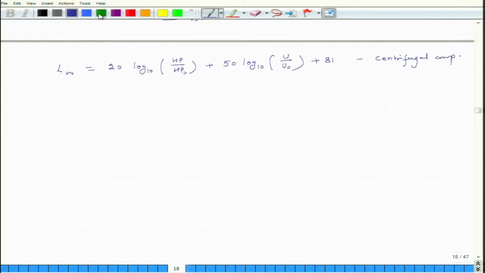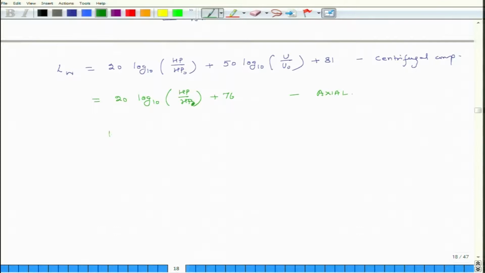And if the compressor is axial, then it is 20 log 10 HP over HP 0 plus 76. Okay. This is for axial. So, this is HP 0. Okay.